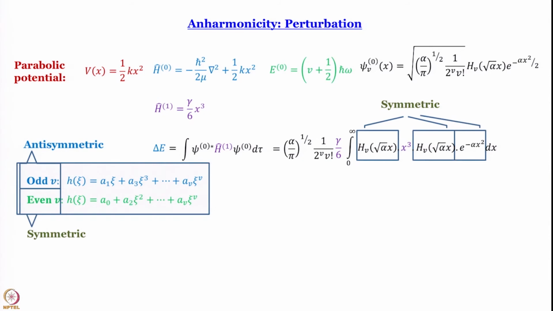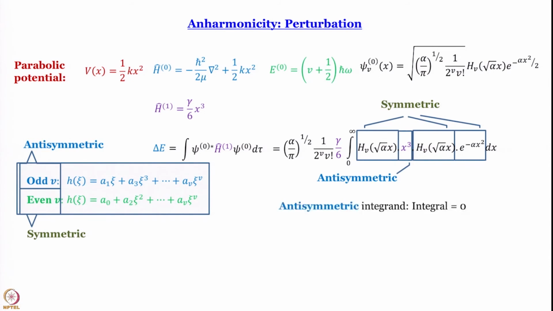What about x cube? Replace x by minus x. It is not very difficult to see that x cube changes sign. So, this is an antisymmetric function. So, now you have 3 symmetric functions multiplied by an antisymmetric function. What is the total integrand then? Is it symmetric? Is it antisymmetric?